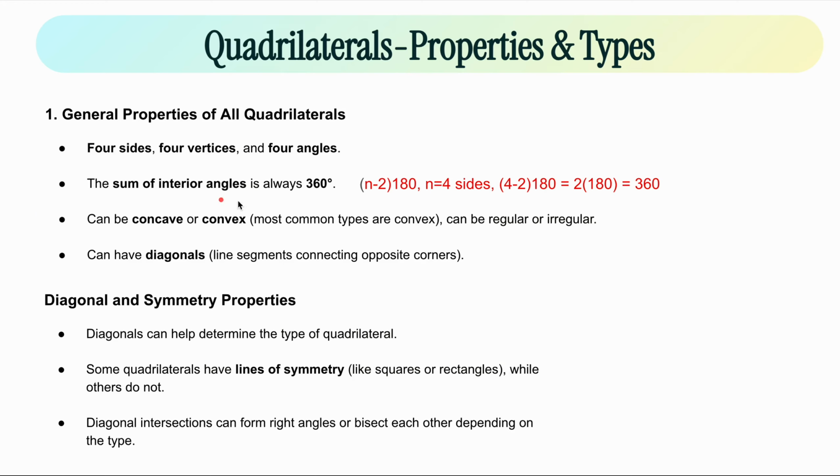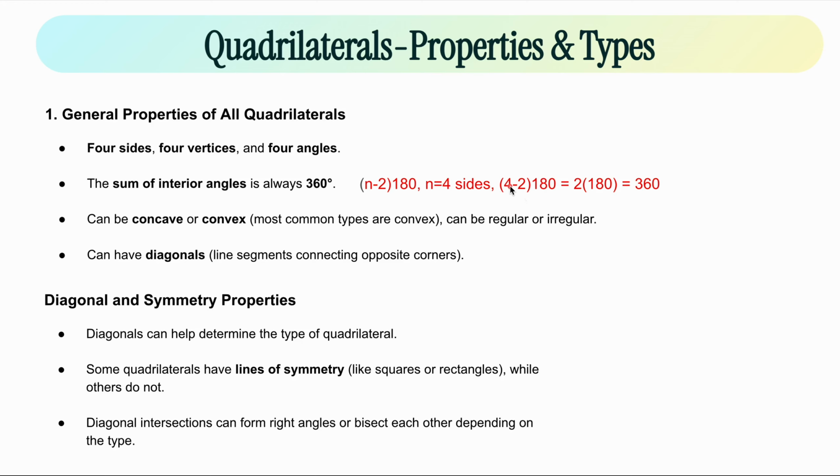The sum of the interior angles is always 360. If you remember the formula for polygons that we used to find the total of the interior angles of any polygon, in this case a quadrilateral which has 4 sides, the formula is n minus 2 times 180, where n is the number of sides, and we know that a quadrilateral has 4 sides.